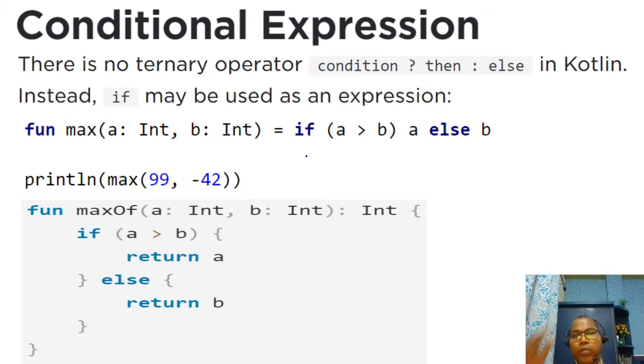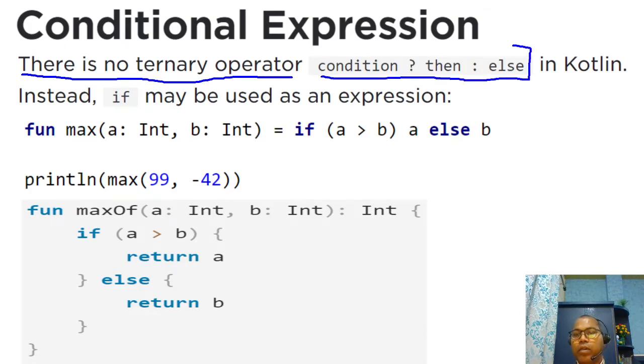If you are talking about conditional expressions, there is no ternary operator in Kotlin. In other languages like Java, you write a condition, and if true, return this or else this. In Kotlin, instead of the ternary operator, you can use if as an expression.